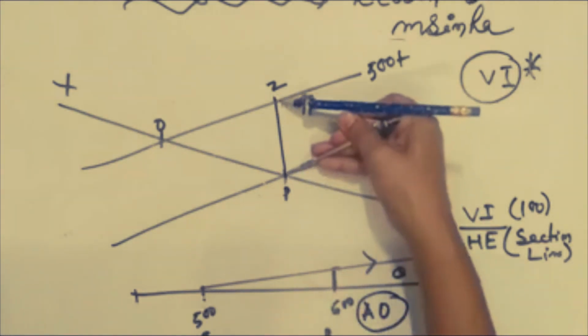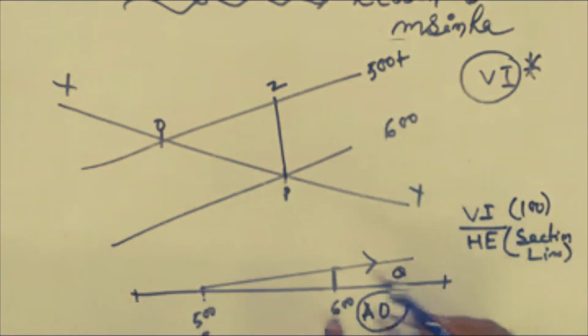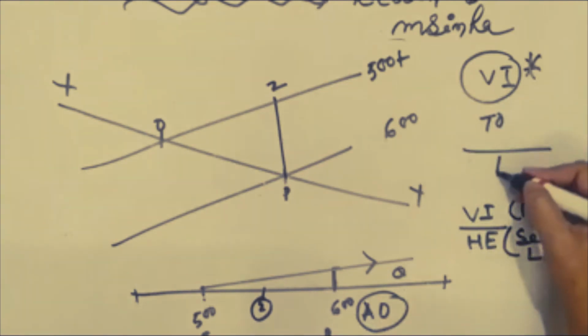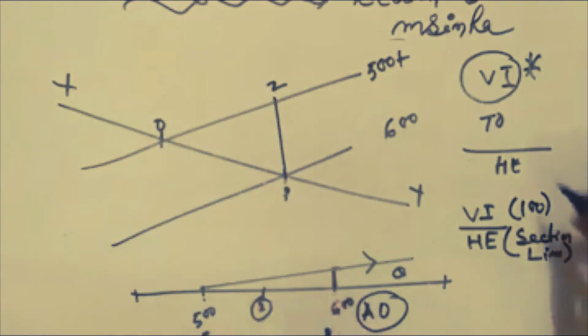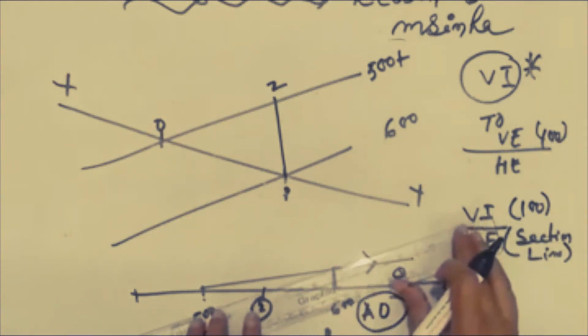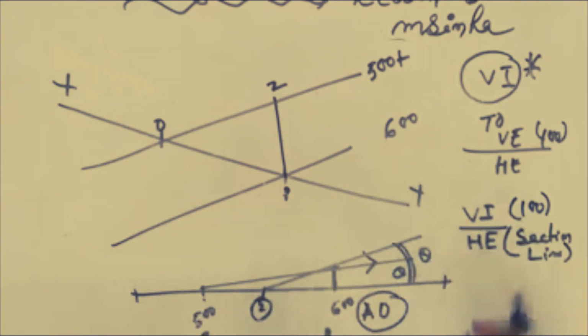You can measure the horizontal equivalent: put your compass at P and identify the distance. This is Z, the minimum distance. In the case of true dip, the horizontal equivalent is that one, we place it here, and the vertical interval is 100. Then we join the points, and this angle is the higher one.